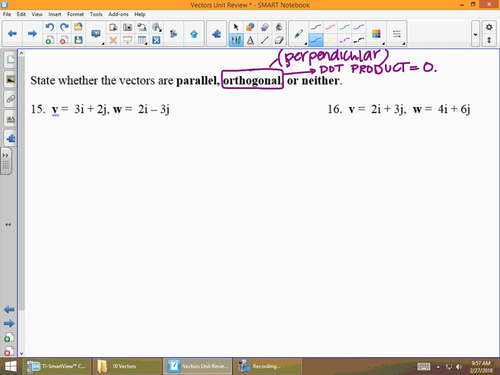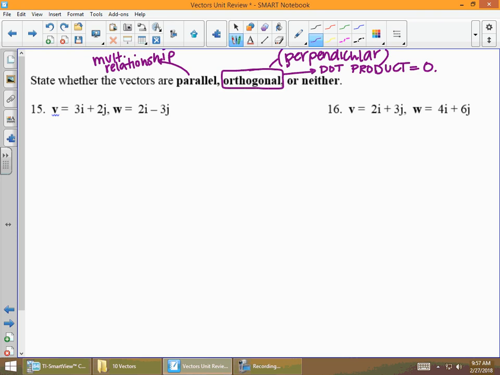So if you can multiply by some kind of constant, you see some kind of multiplication relationship, then that's when you know that the two vectors are parallel. And if neither of those are the case, then your vectors are neither.